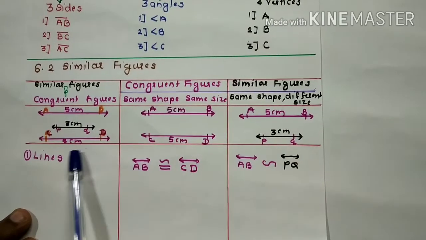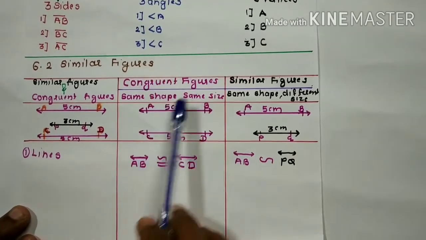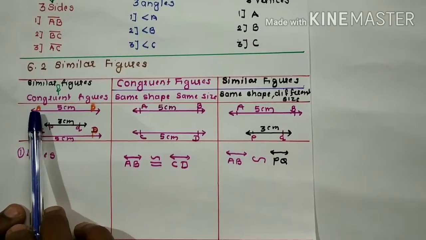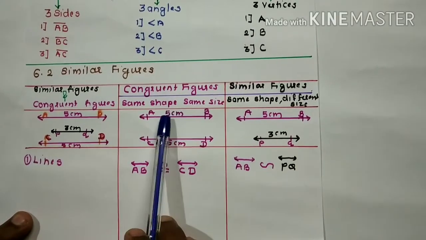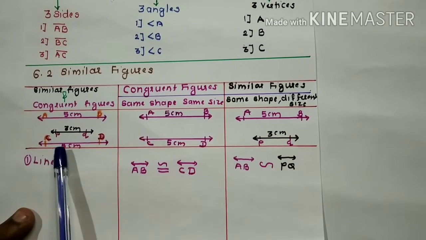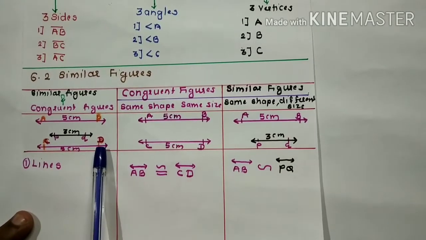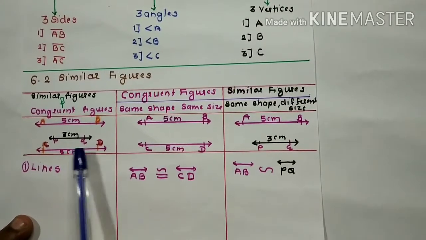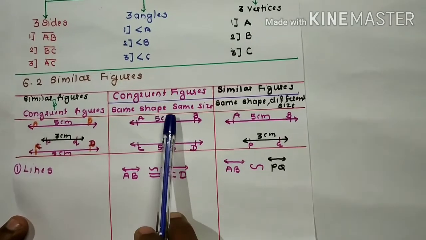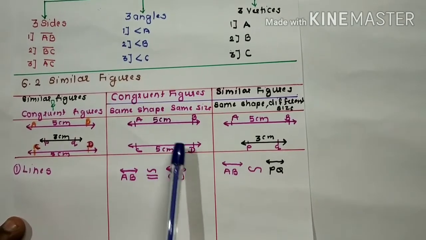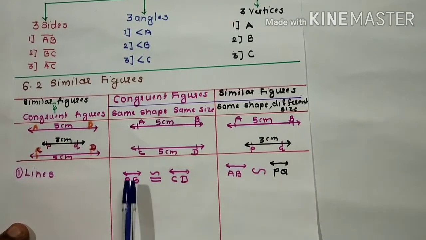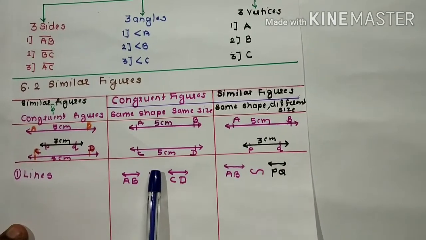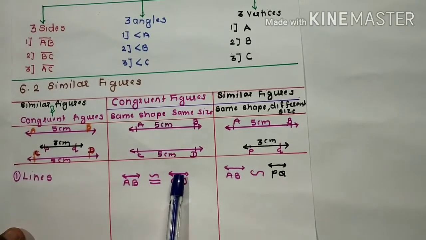Among these three lines, congruent figures I have drawn. Line AB, the length of this line is 5 cm, and next line is line CD, and length of this line also 5 cm. So both line AB and line CD are congruent. So we can write like this: line AB is congruent to line CD.